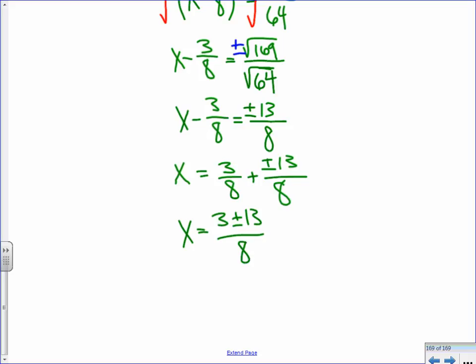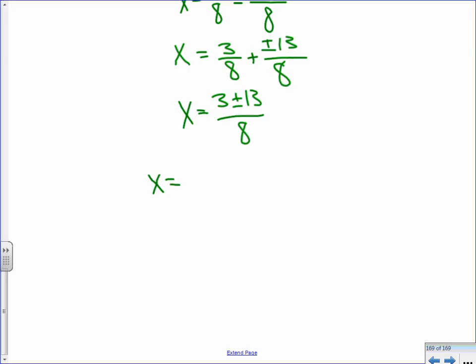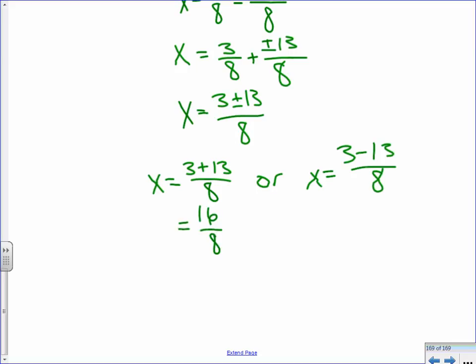Now this is simple. There's no square roots in here, so let's actually evaluate what we get with the plus and the minus. So x equals 3 plus 13 over 8, or x equals 3 minus 13 over 8. So 3 plus 13, well, that's 16 over 8, which simplifies down to 2.